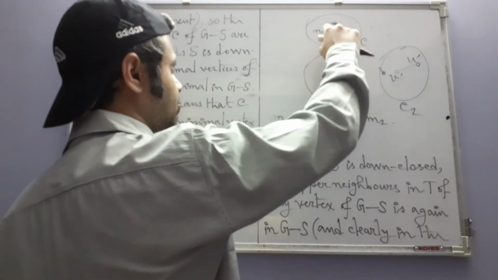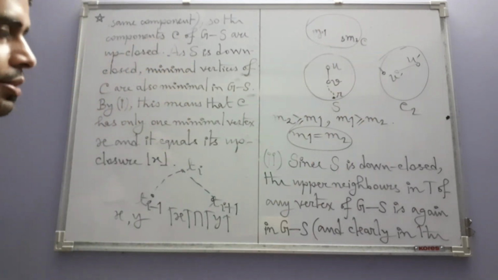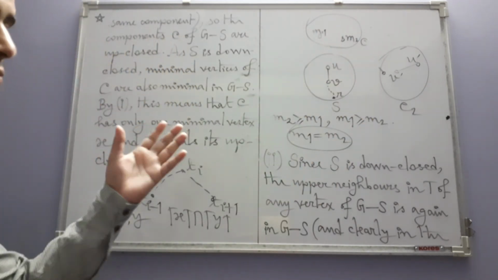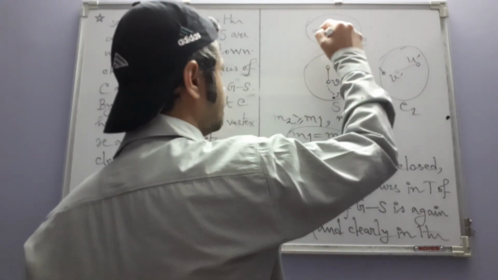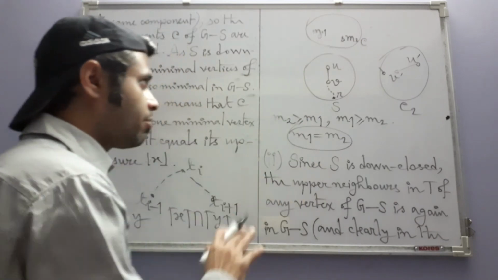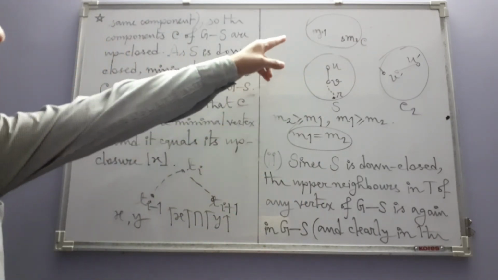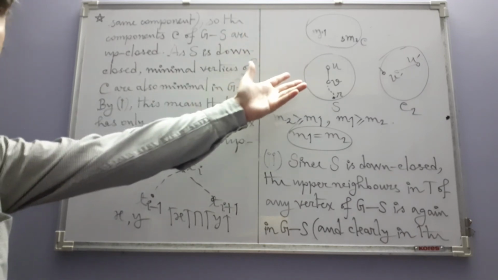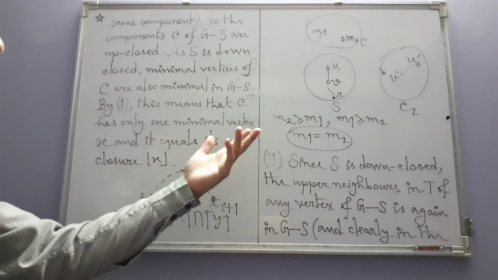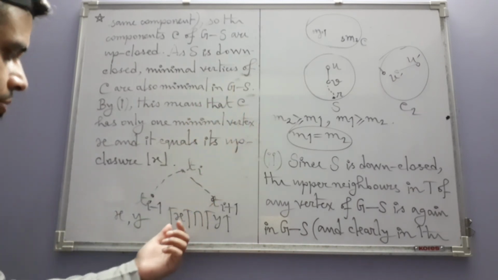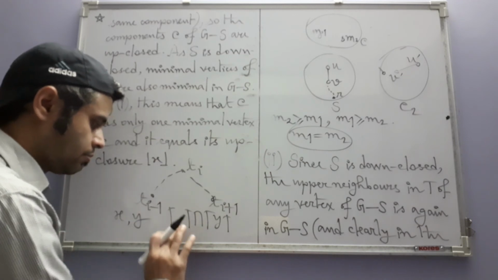Now here we have M1 and M2, 2 vertices in the tree, because after all the tree is a spanning tree, so everything is in the tree. So any path joining M1 and M2, and in particular any path in C that also joins M1 and M2, should be separated by this set.